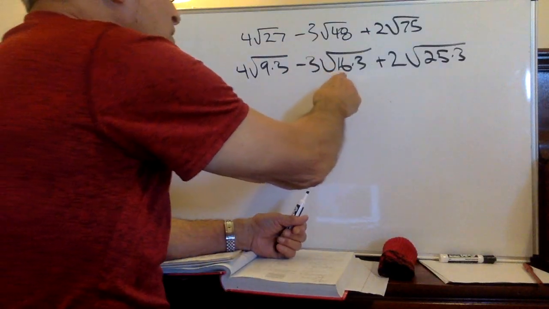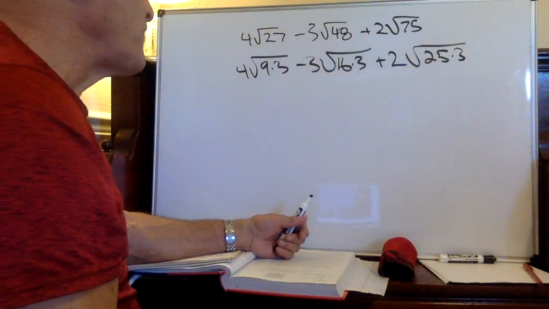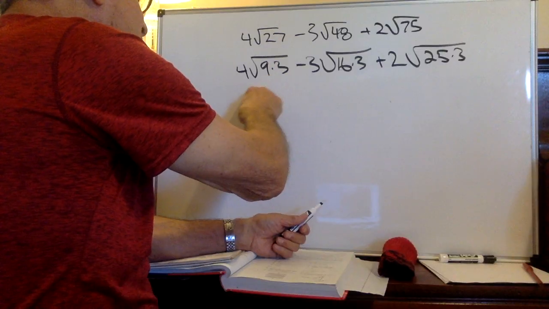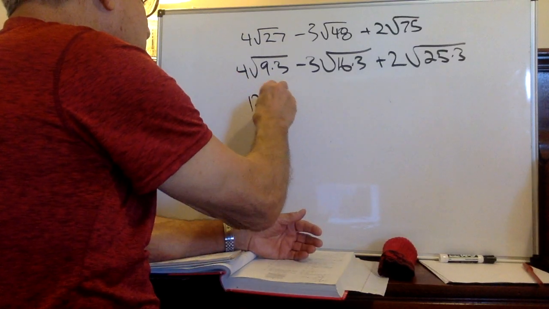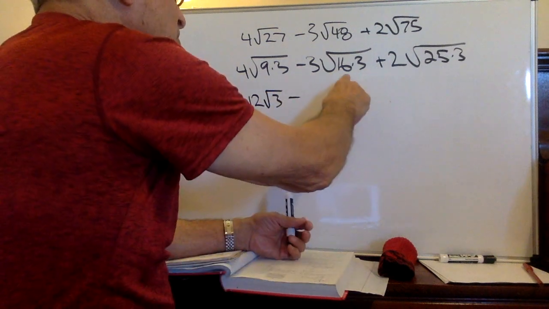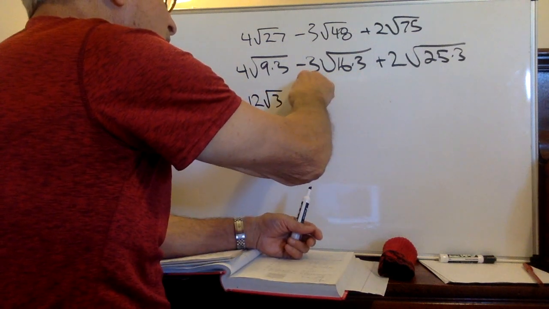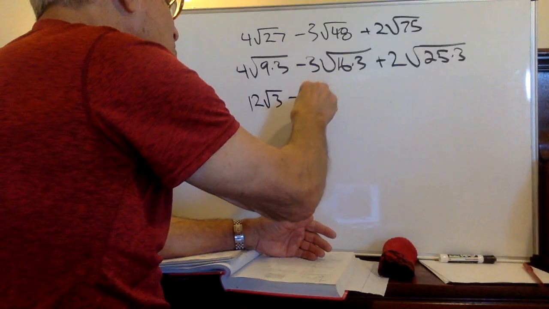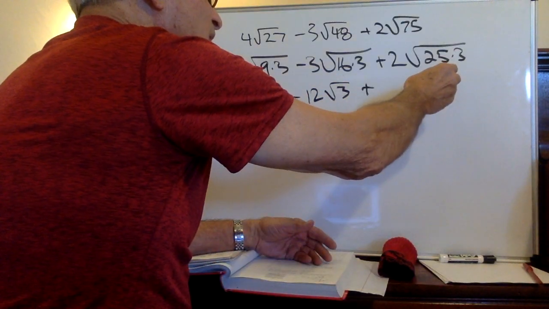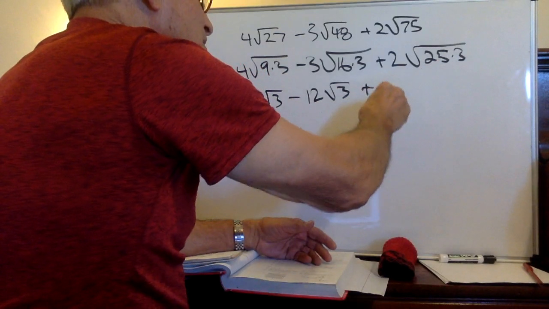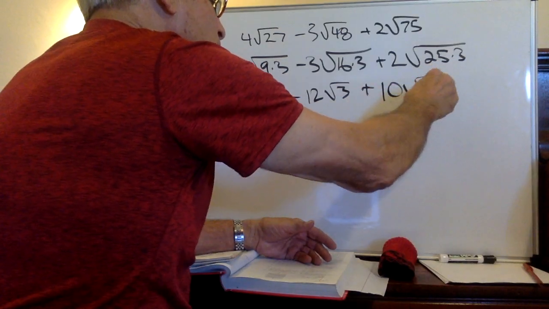9 is a perfect square, 16 and 25 are perfect squares. The square root of 9 is 3, it comes out. 4 times 3 is 12. Square root of 16 is 4, it comes out. Minus 3 times 4 is minus 12. Square root of 25 is 5, comes out. 5 times 2 is 10, root 3.